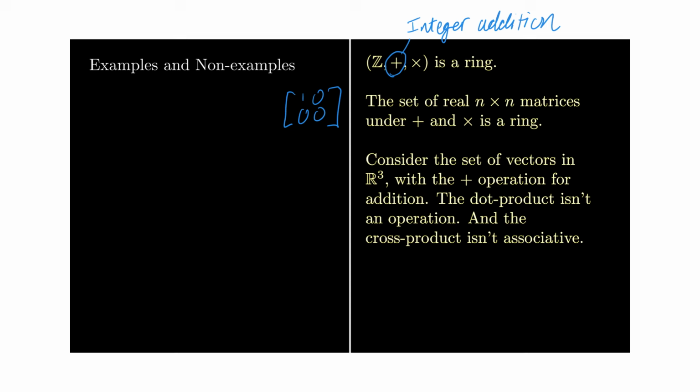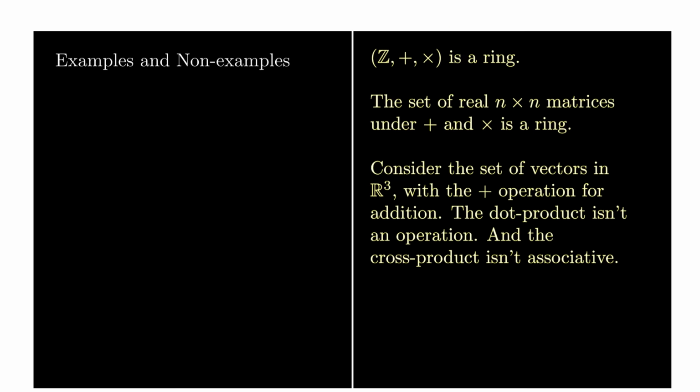All of this is basically to demonstrate that this also does not make for a ring. So with the plus operation and the cross product as the times operation, you don't get a ring. These are non-examples of rings. And finally, for good measure, let's see another non-example.